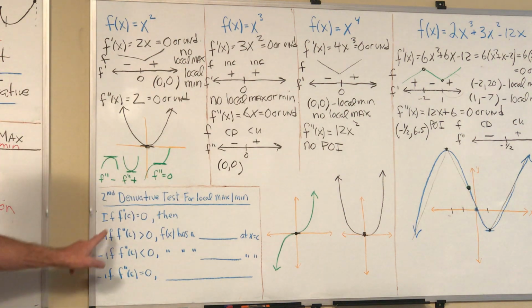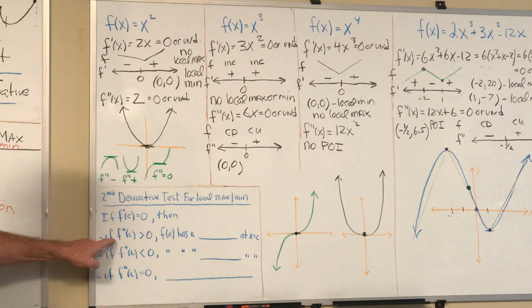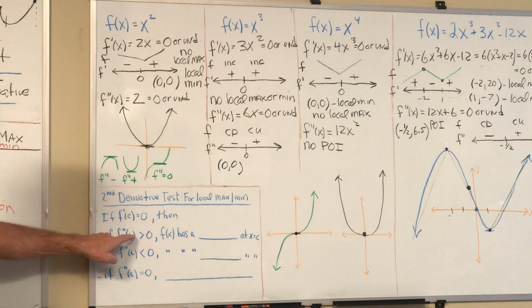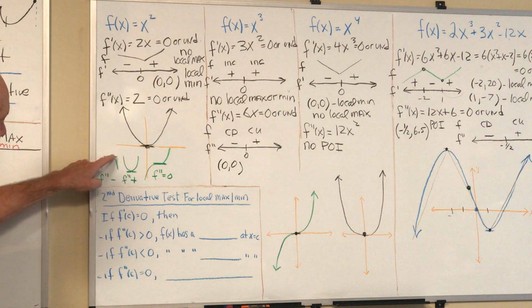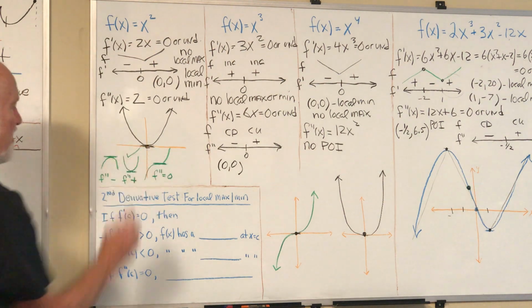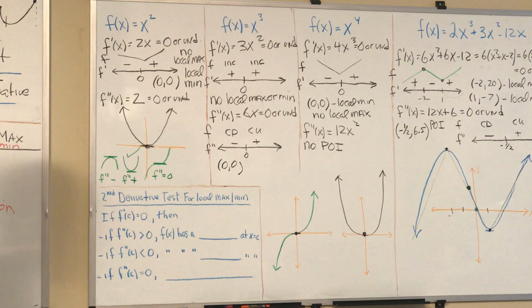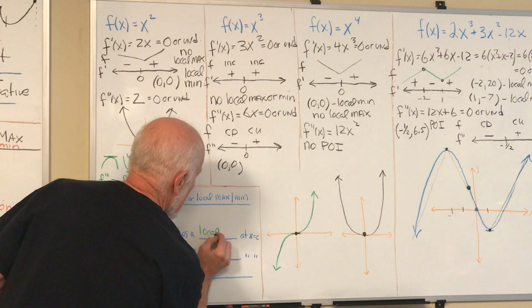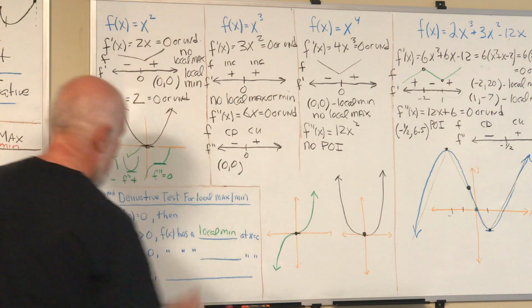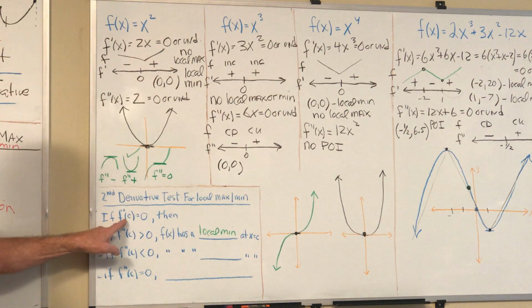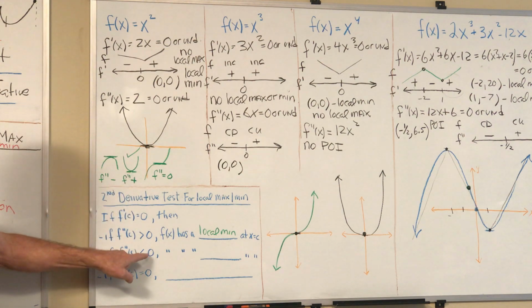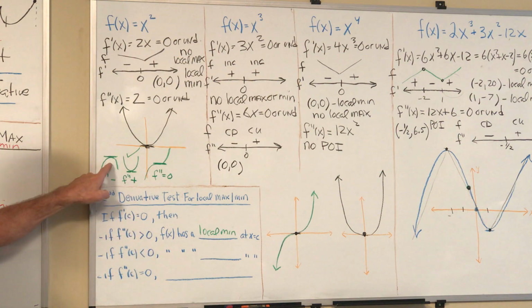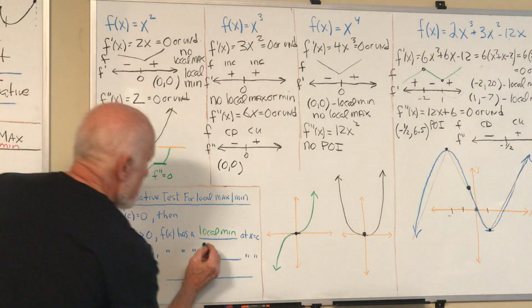So I can say, just looking at the shape, if the second derivative is greater than 0 and the first derivative equals 0, it must be this case here. You have a local minimum. So f of x has a local minimum. And if the first derivative is 0 and the second derivative is negative, then we have a local maximum.